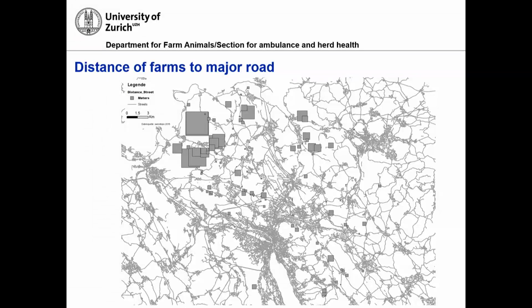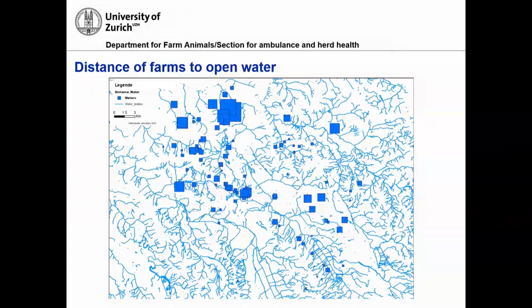We have several layers, one for major roads, also the same: the larger the square is, the farther away the farm is from the next major road. The same for water. Here we have on this map all open water with a diameter of more than 1 meter.